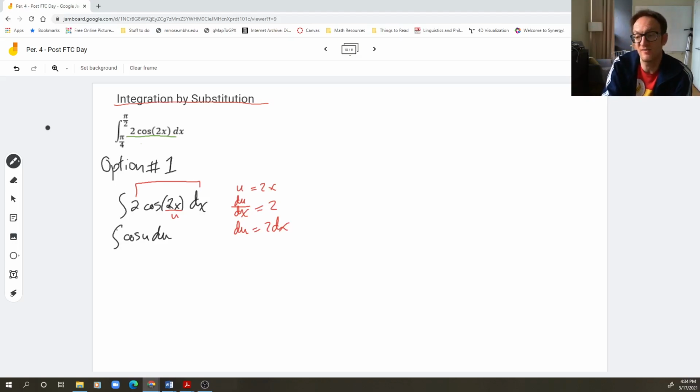So I've simplified my life by doing this substitution. What is the antiderivative of cosine? Well, it's sine. So the answer to this is sine u plus c, because the derivative of sine is cosine. And finally, u is 2x. So sine of 2x plus c is the actual answer here.